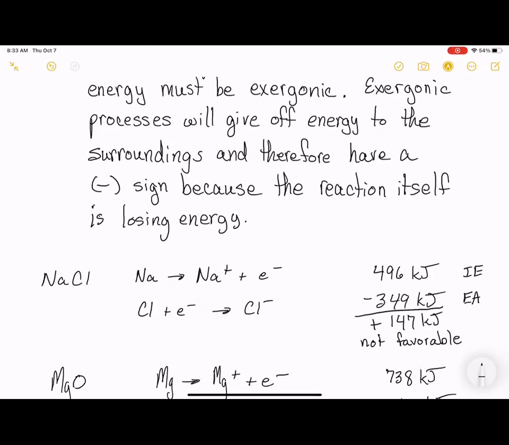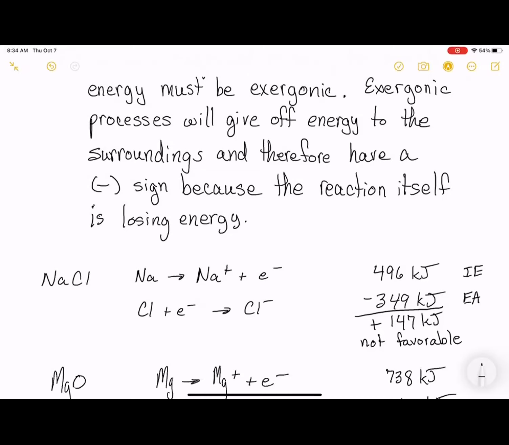Again, if I just take into account the ionization energy for the formation of the sodium cation and the electron affinity for the formation of the chloride anion, and I add those two together, sodium chloride should not form because it gives off a positive value of energy.